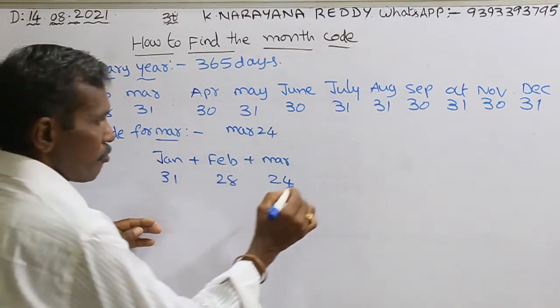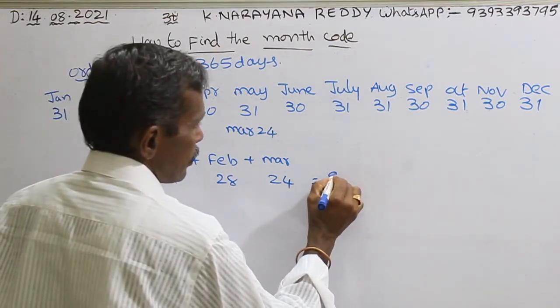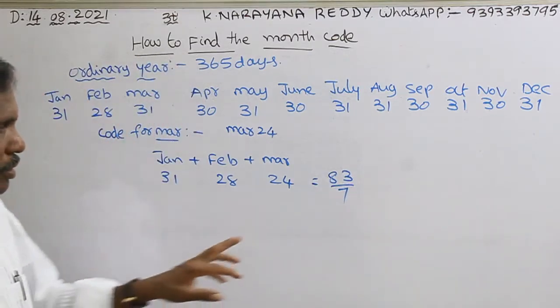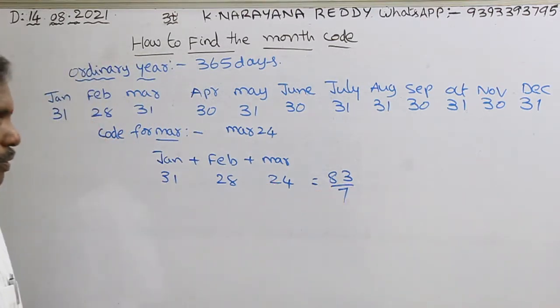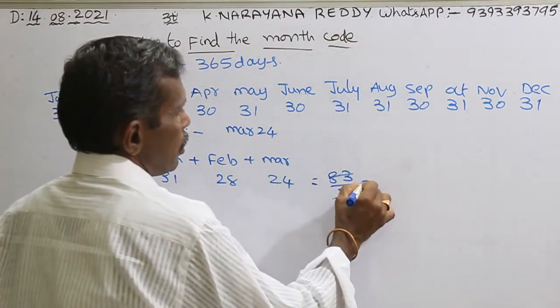Add these 3: 59, 83. Divided by 7. We are dividing by 7 because there are 7 days in a week. Okay. Now 1.